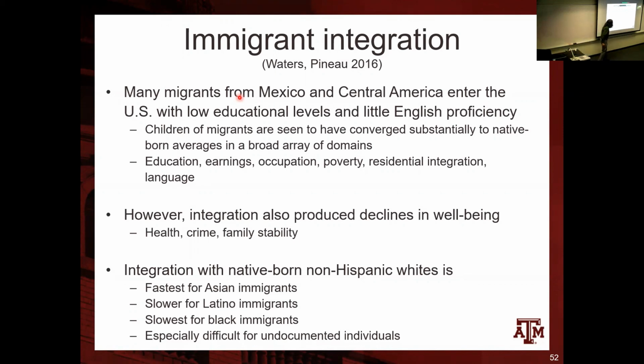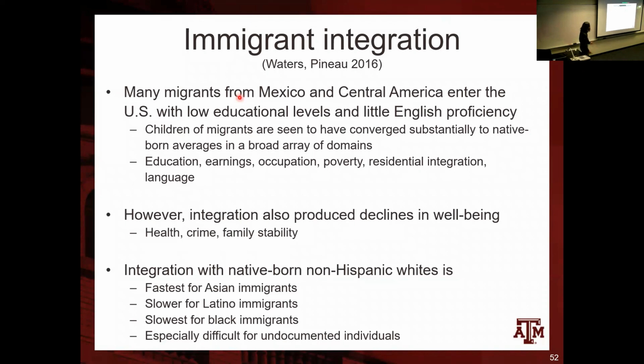Integration with native-borns, Hispanic. This process of integration of children of immigrants, the second generation, they tend to be closer in terms of all this, for better or for worse. They improve here and then decline here. They get closer and acquire, but there are different paces.